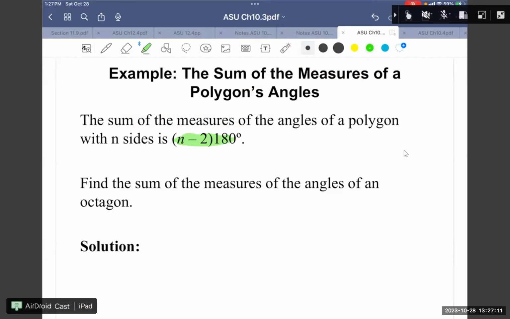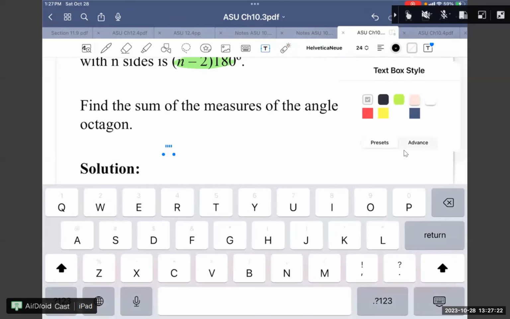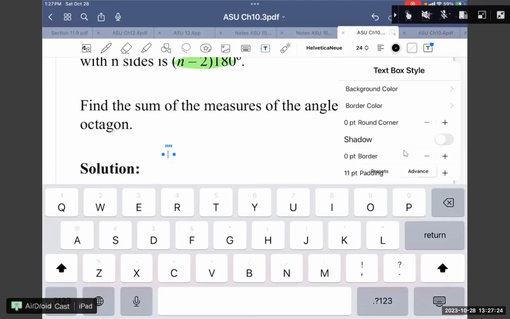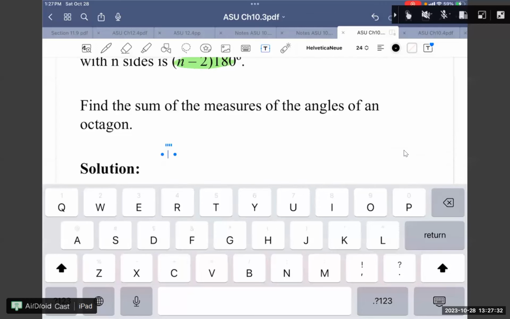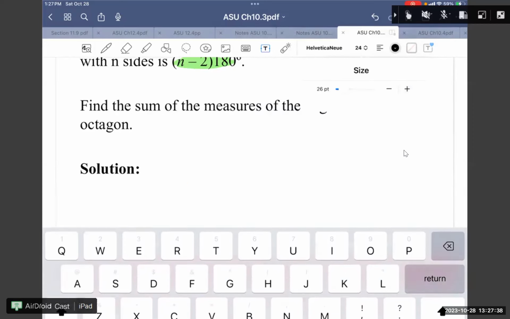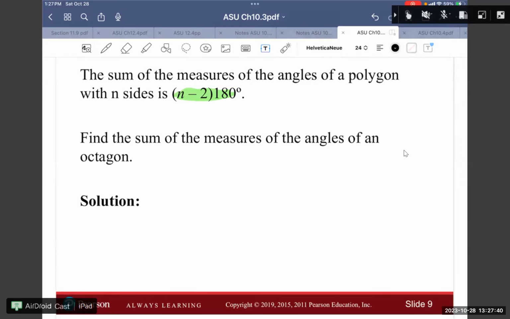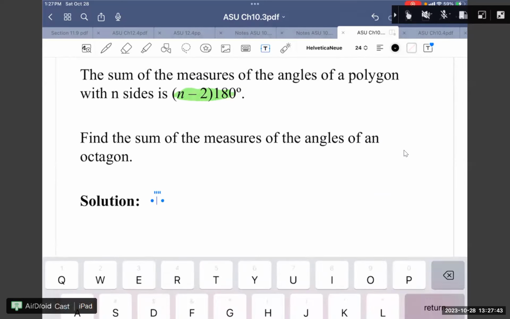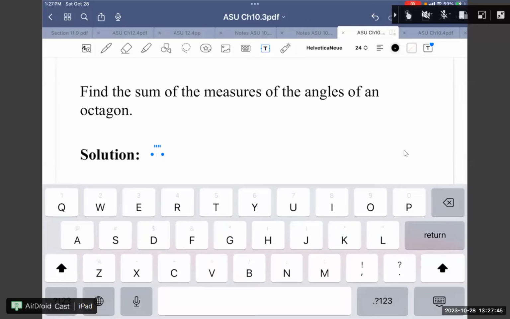So, the sum of the measures of the angles of an octagon. Remember, octa means 8, right? So octagon is 8.